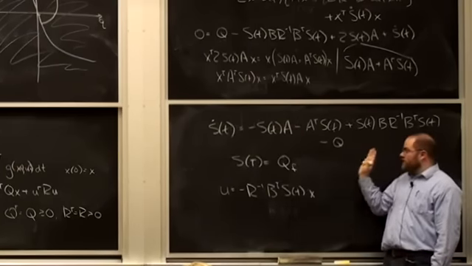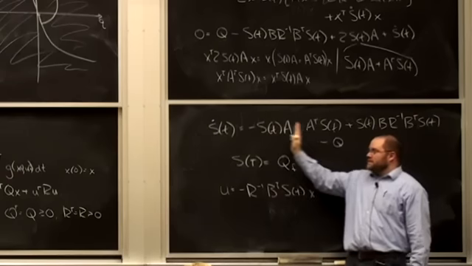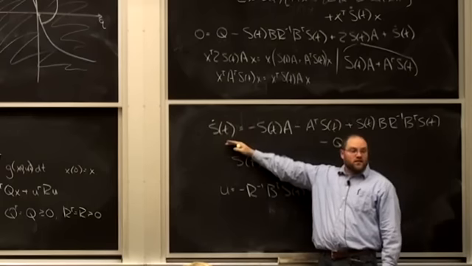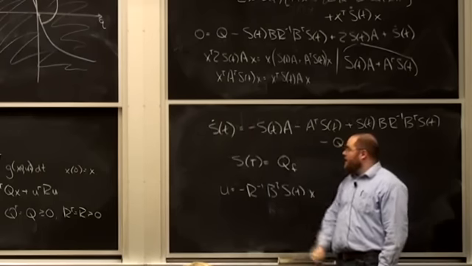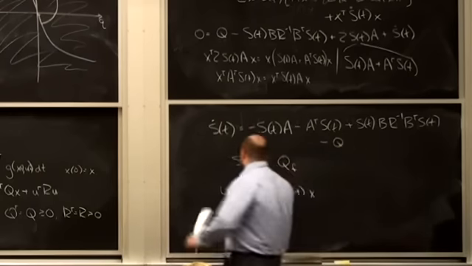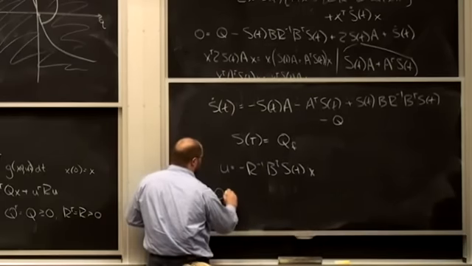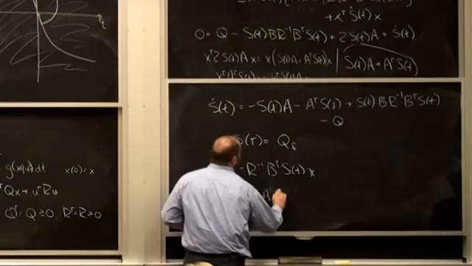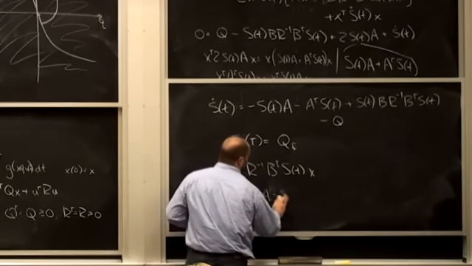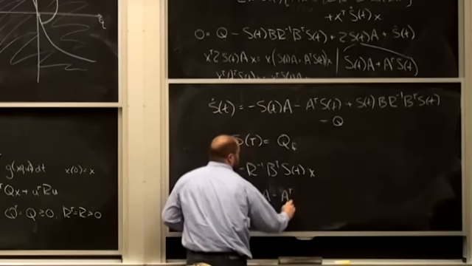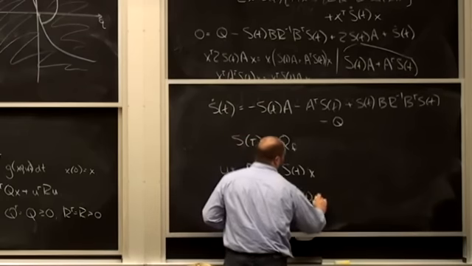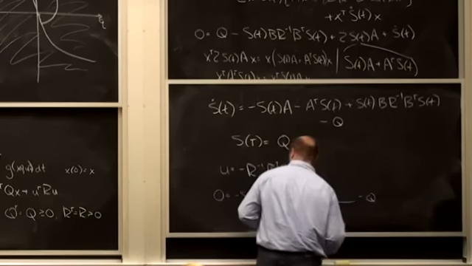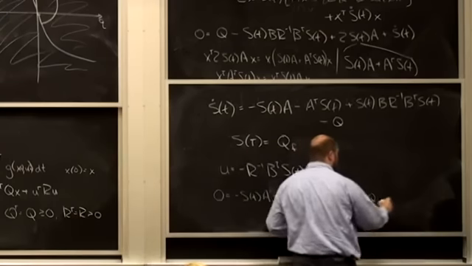If you integrate this equation back enough, it's stable, it finds a steady state where S dot is 0. And the S which solves this, that whole thing minus Q, is the infinite horizon solution.